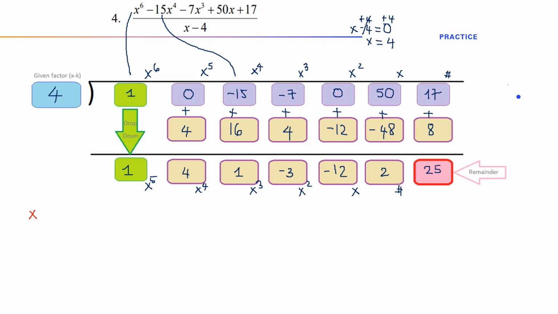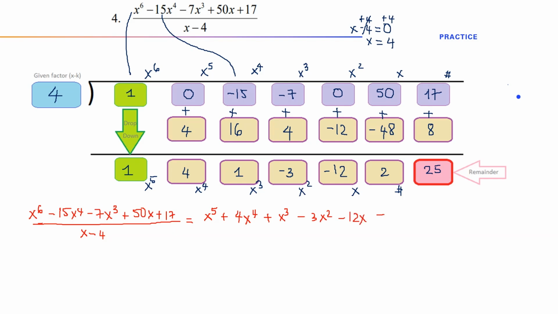So we have x to the power of 6 minus 15x to the power of 4 minus 7x cubed plus 50x plus 17 all over x minus 4, that equals x to the power of 5 plus 4x to the 4 plus 1x cubed, minus 3x squared minus 12x plus 2, and now the remainder plus 25 over x minus 4.